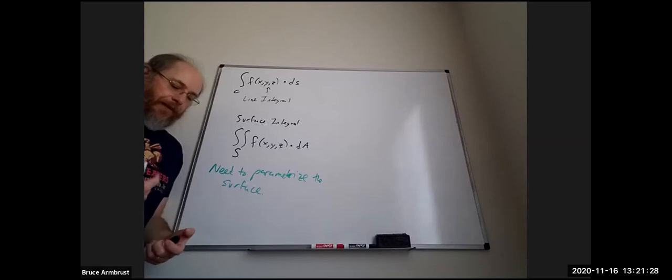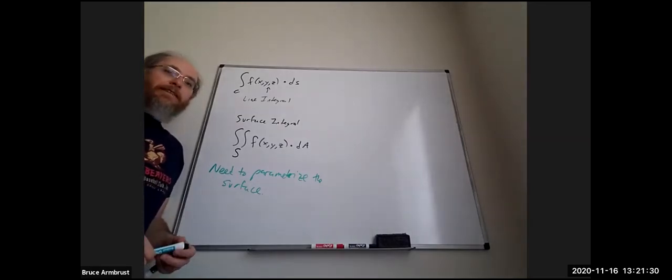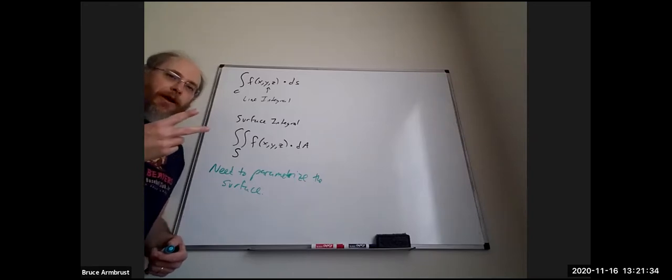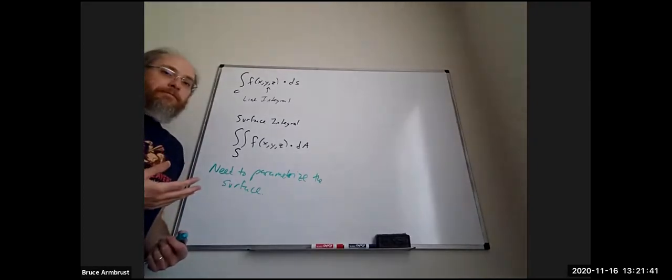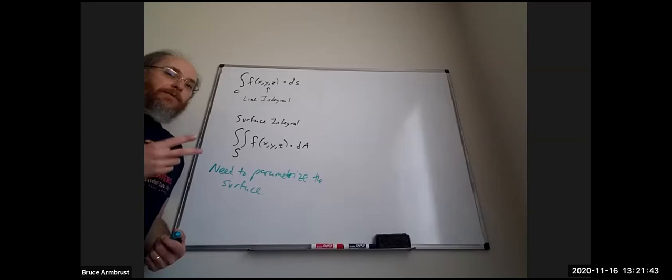So here's the deal. When we parameterize a surface, we're actually going to need two parameters, not just one. One parameter is perfect for a curve, but for a surface, we're going to need two.